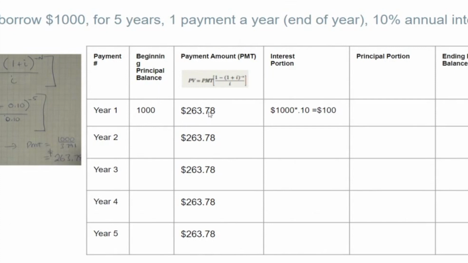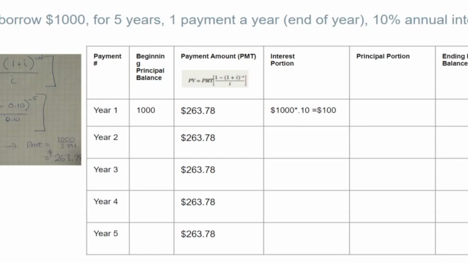Rounding is going to cause those differences. Don't worry about it. So the payment is that. The interest portion, as I said to you, if you take the beginning principal amount and multiply it by the relevant periodic interest rate, in this case a once a year payment, so 10% once a year is 0.10. So $1,000 times 0.10 is $100.